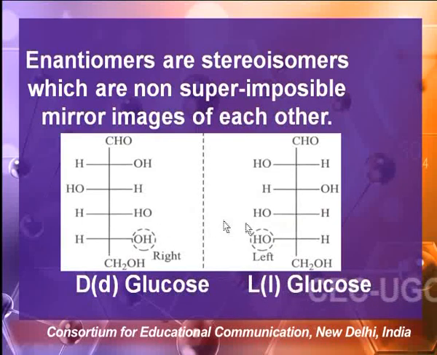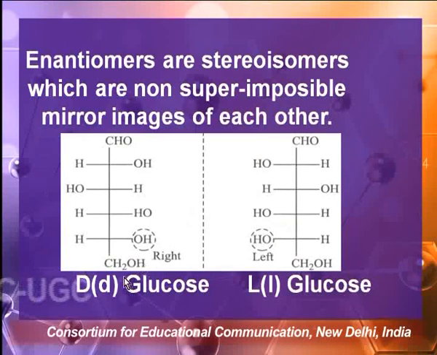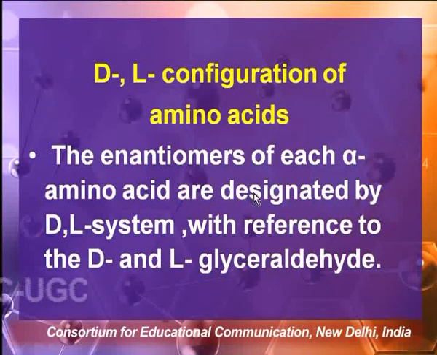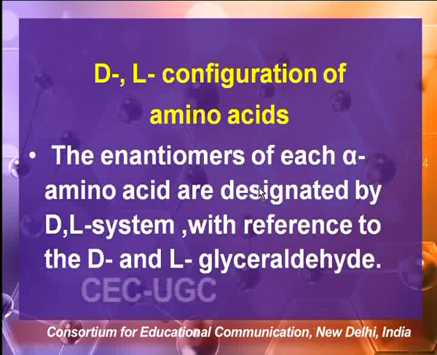They are non-superimposable mirror images of each other, and the alphabets given in brackets indicate the direction of rotation. So this is what we know from this slide: enantiomers are stereoisomers which are non-superimposable mirror images of each other.